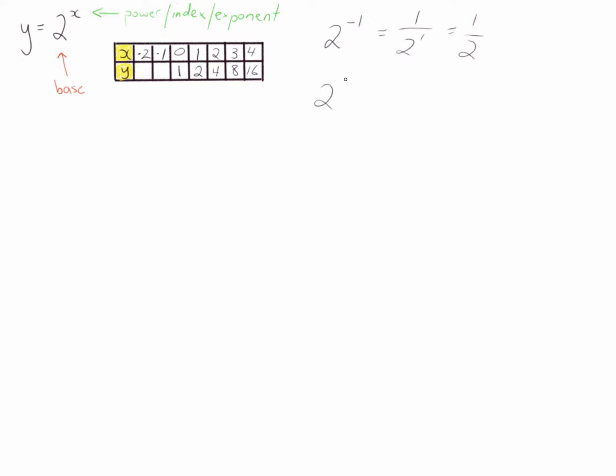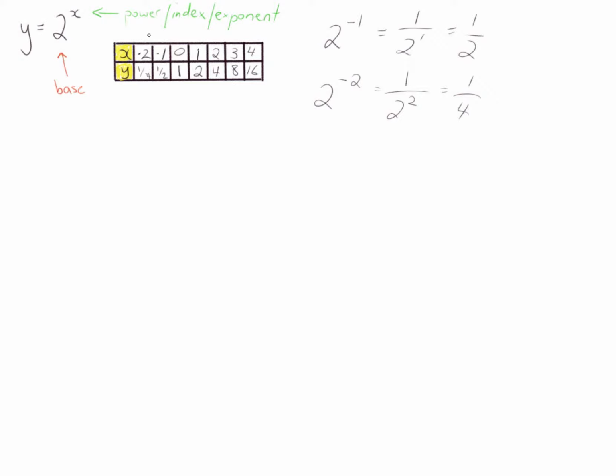And 2 to the power of minus 2 can be written as 1 over 2 squared, or 1/4. So what we notice is that even when we go into the negative x values, our y values still stay positive. Even though they're getting smaller and smaller, they still stay positive.